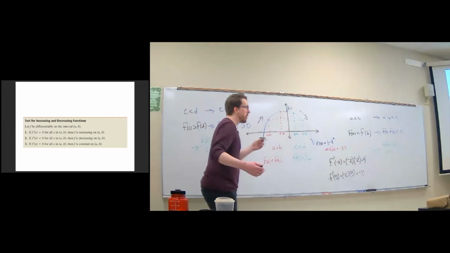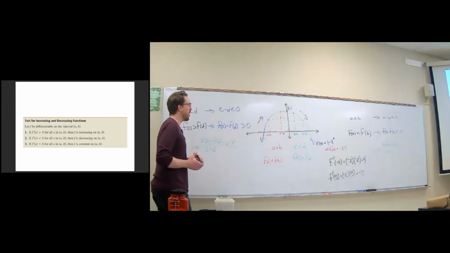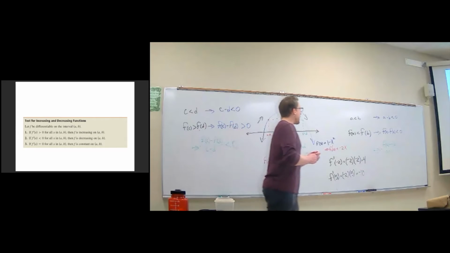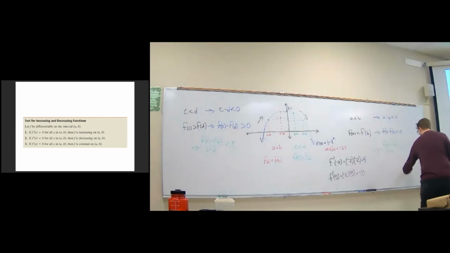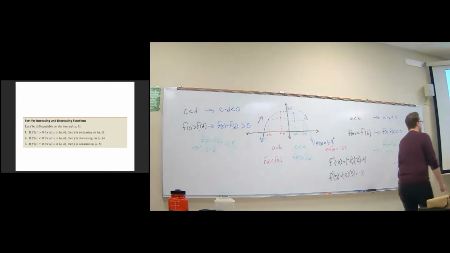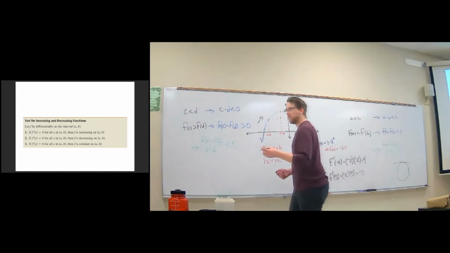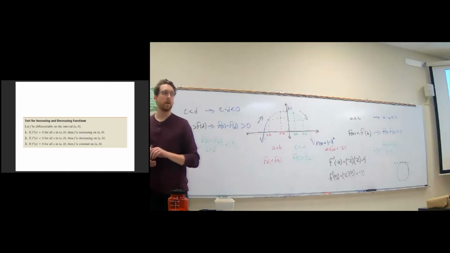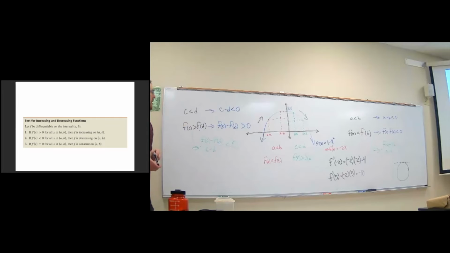Think about a basketball, just a ball in general. There's that spot at the very top that you could, in theory, balance something on, right? At that spot, it would have a derivative of 0.